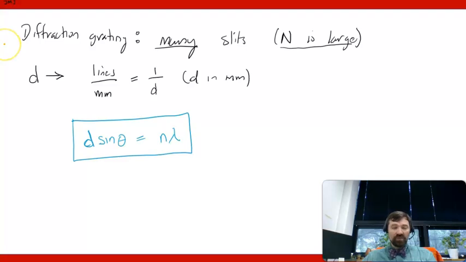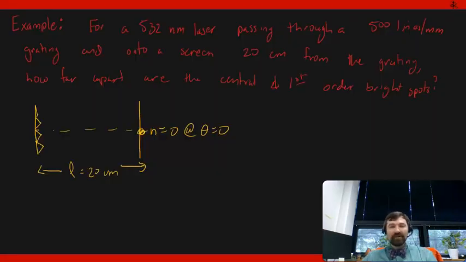That's assuming normal incidence, of course, but if I put a 0 in for n on this equation, then I have d times sine of theta is 0. d is not 0, so I just have sine of theta is 0, and that's 0 degrees. And so then I also have maybe my n equals 1, and this is at theta 1, and I have a distance y between the two of them.